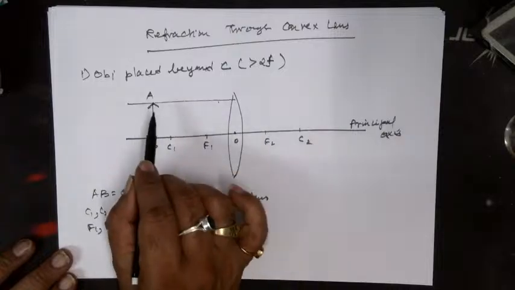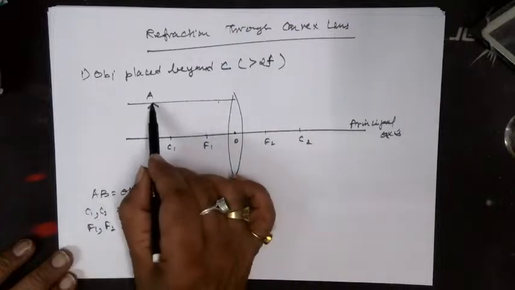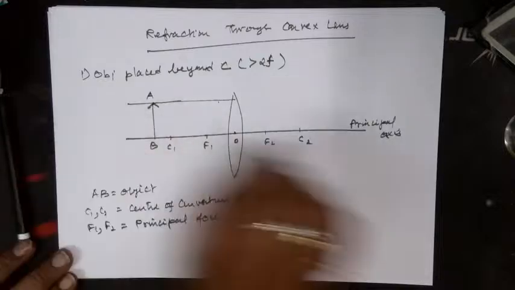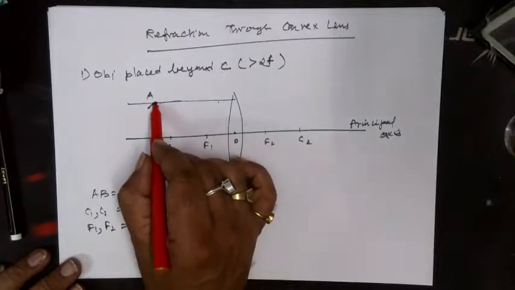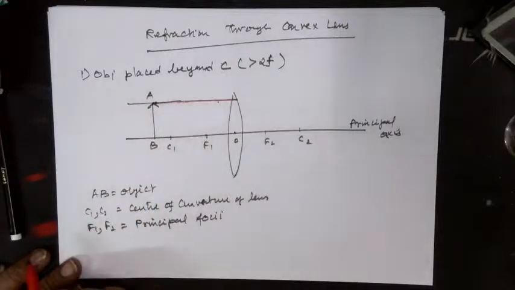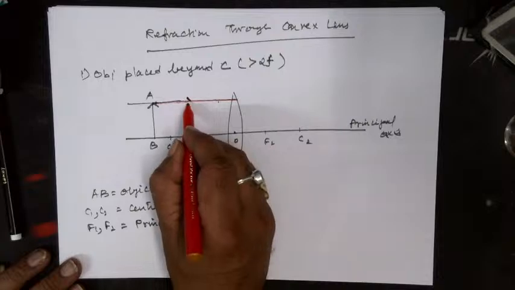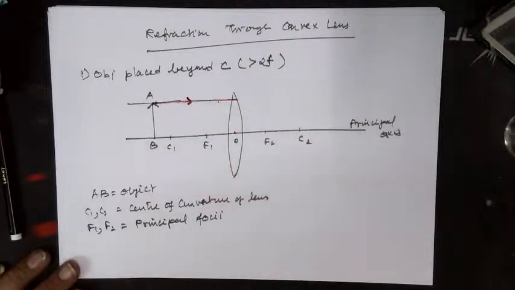Now you have to draw a parallel line like this, and it should travel through the F2.